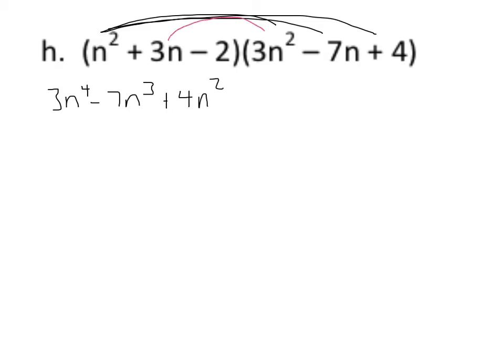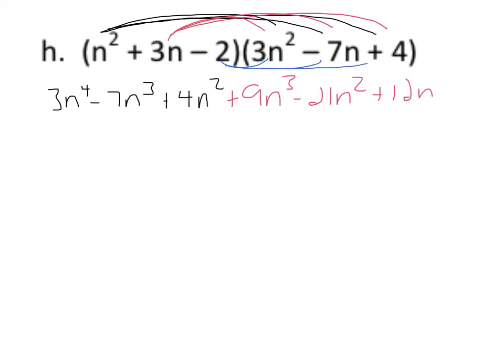Then we distribute the next term into the next trinomial, and we get a positive 9n cubed minus 21n squared plus 12n.